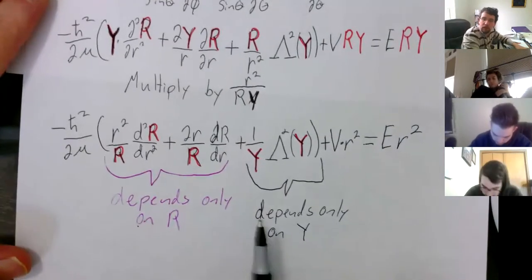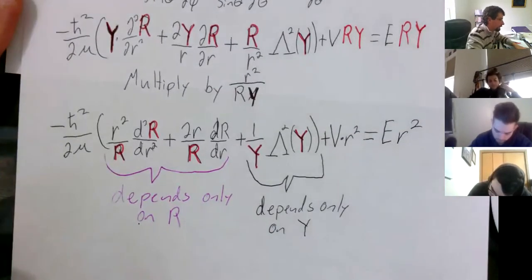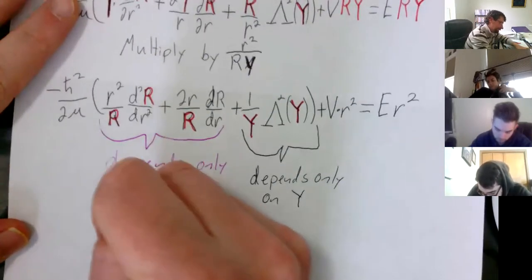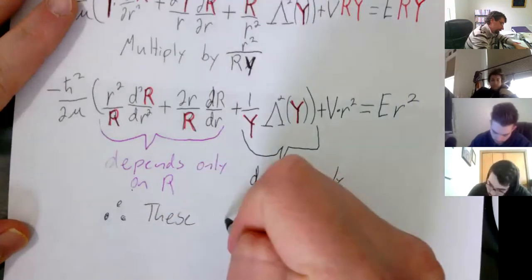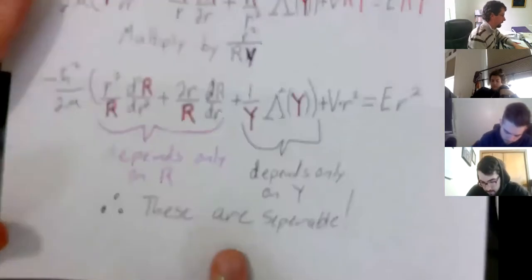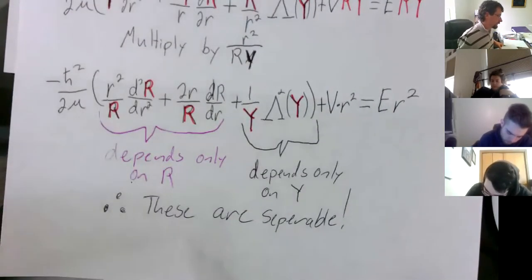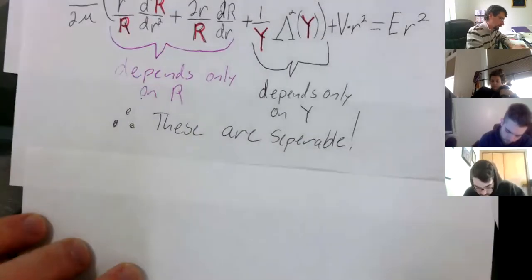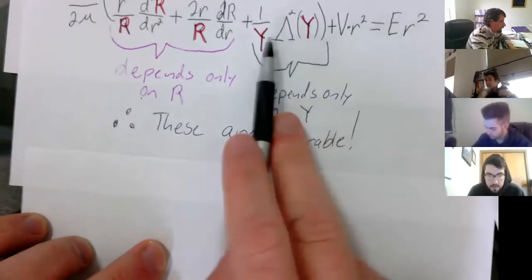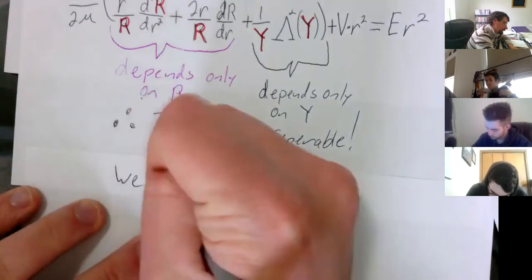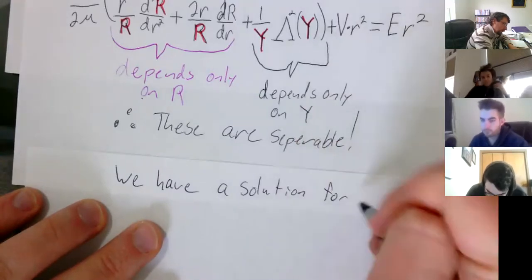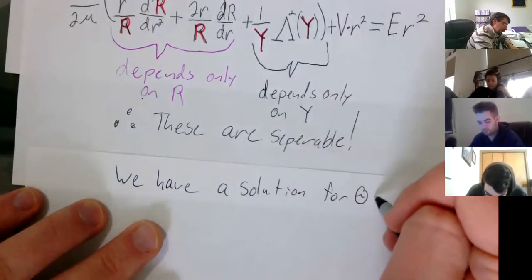So we already have a solution for one of these. Which of these do we have a solution for? Oh, and before we do that, therefore these are separable. But we have to talk about their solutions. This portion along here, we have a solution for the theta.